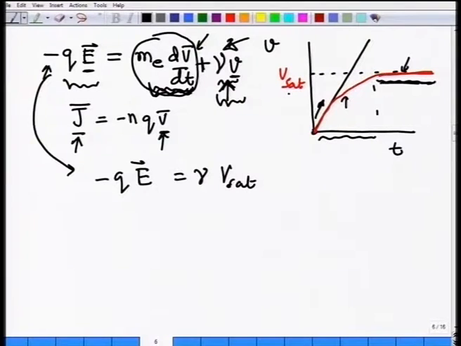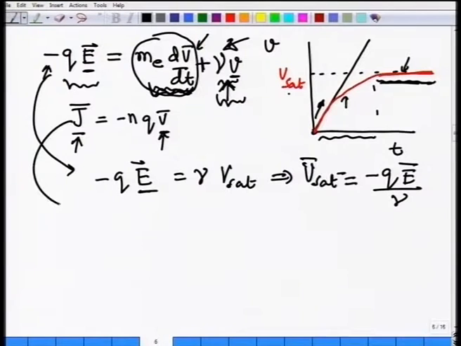That implies that, or rather let me do V saturation, which we are writing, should be equal to minus q E by gamma, this damping factor which I have included.